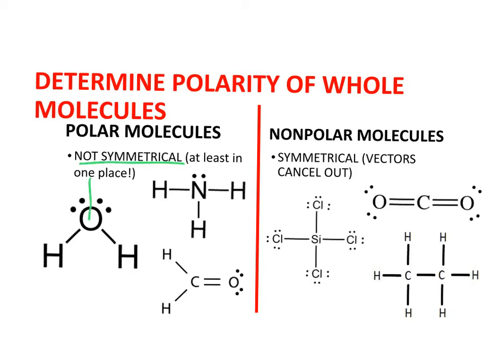So for example, while this one would be considered a line of symmetry because I can pancake it and it's the same on both sides, this side would not be. And that carries through with all of them, where this would be a line of symmetry, but this would not. This could be a line of symmetry, but this is not. So anything that's not symmetrical is a polar molecule.